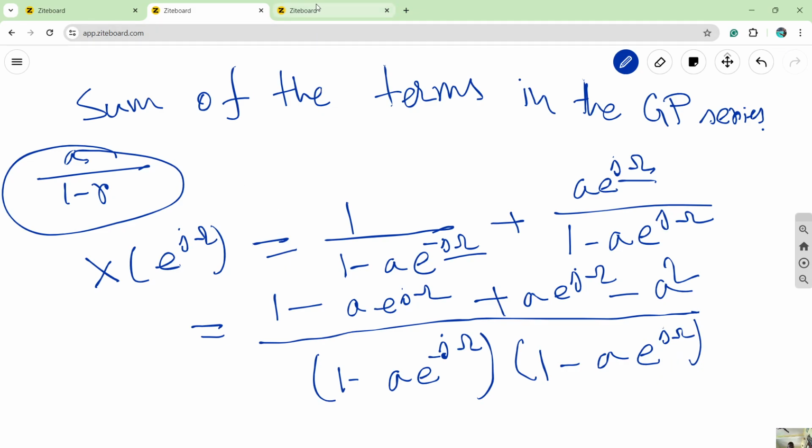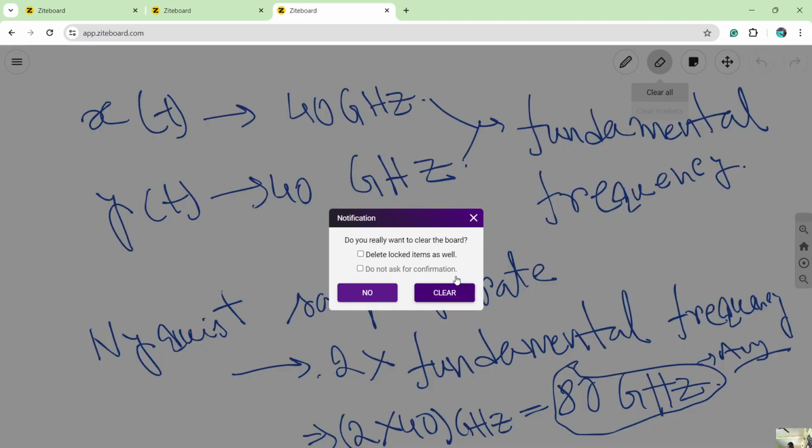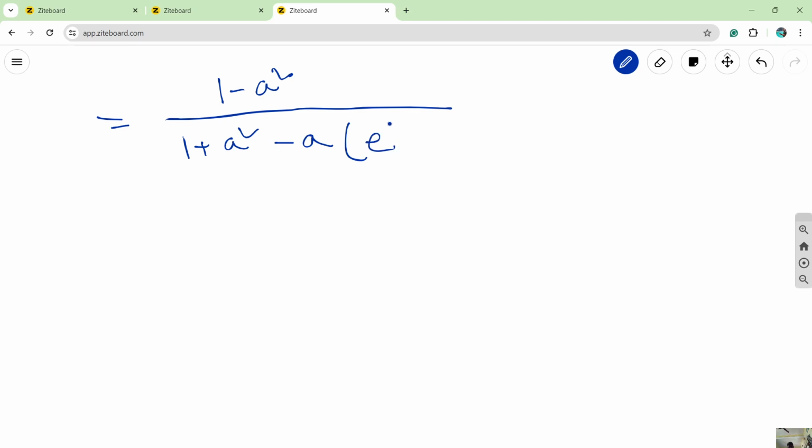For more simplification, we can write it as 1 minus a square by 1 plus a square minus a times e to the power j omega plus e to the power minus j omega.